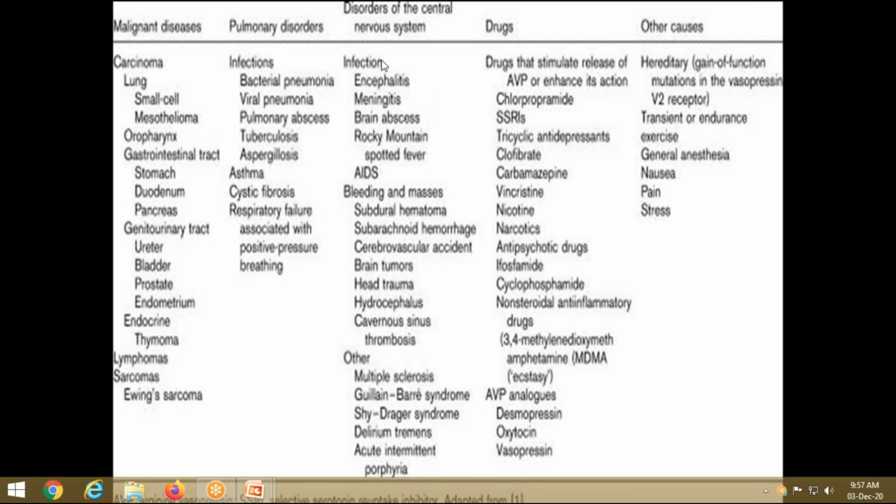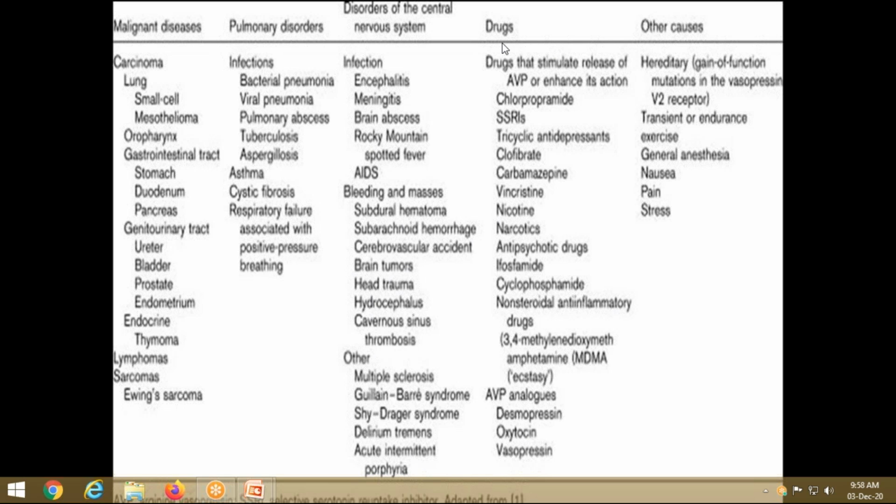Respiratory failure, asthma, and any disorder of the CNS, meningitis, so like same infection, bleeding, mass, like SAH, because ADH secretion takes place in the CNS, right, in the hypothalamus. So any disorder of the CNS will cause hyponatremia, SIADH, especially brain tumors.